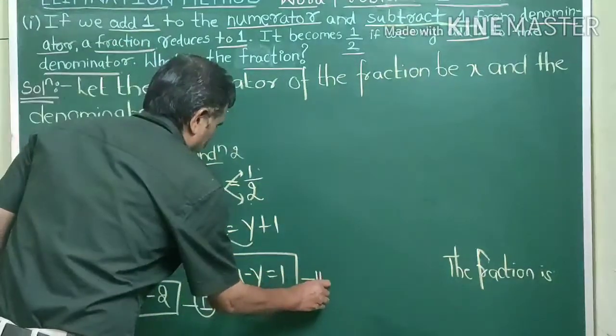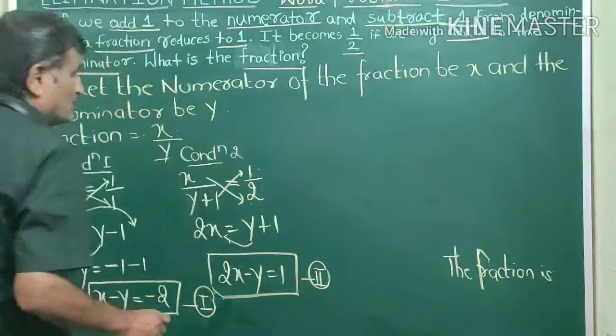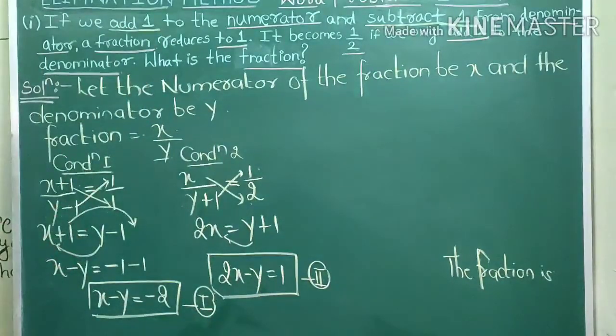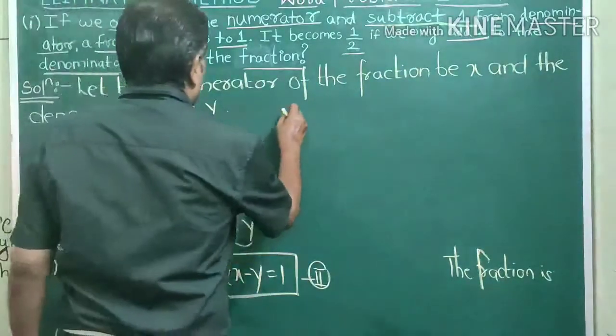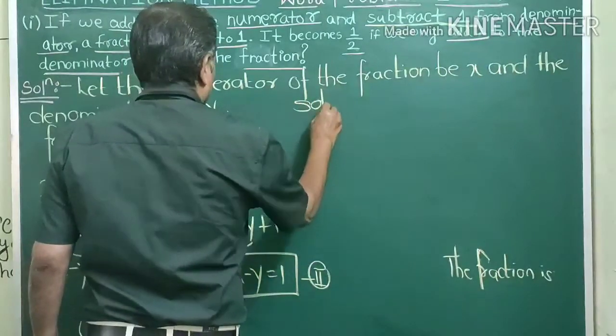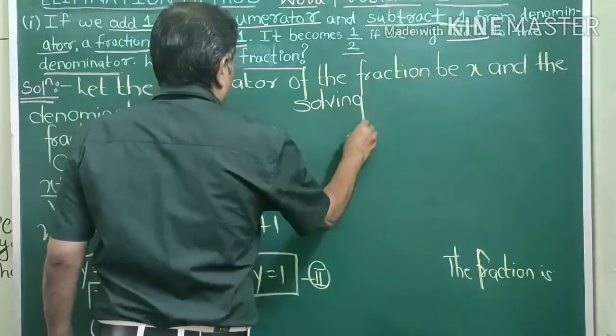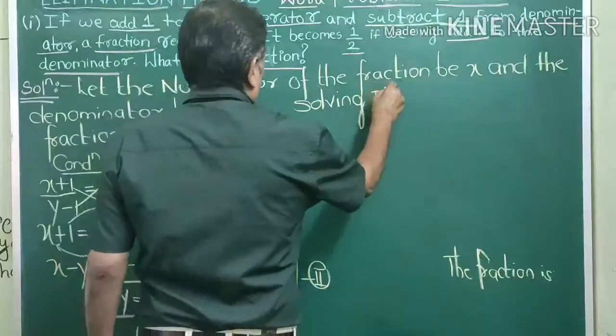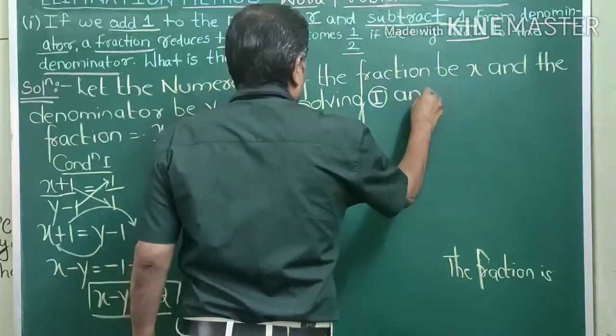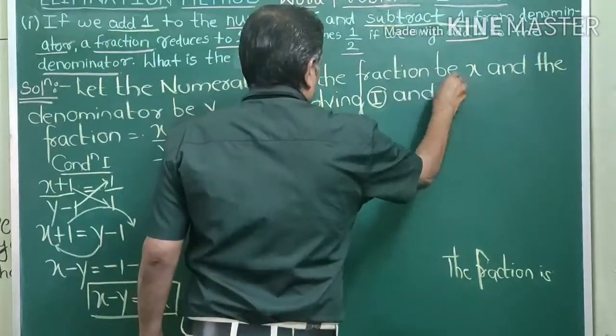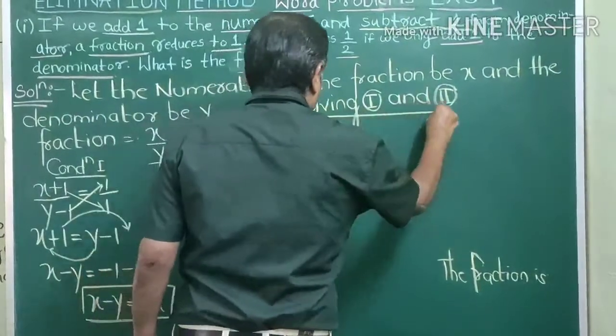After that, I will solve the first and the second equation. So what will be my next step? Solving the first and second equation by the elimination method, I will get the solution.